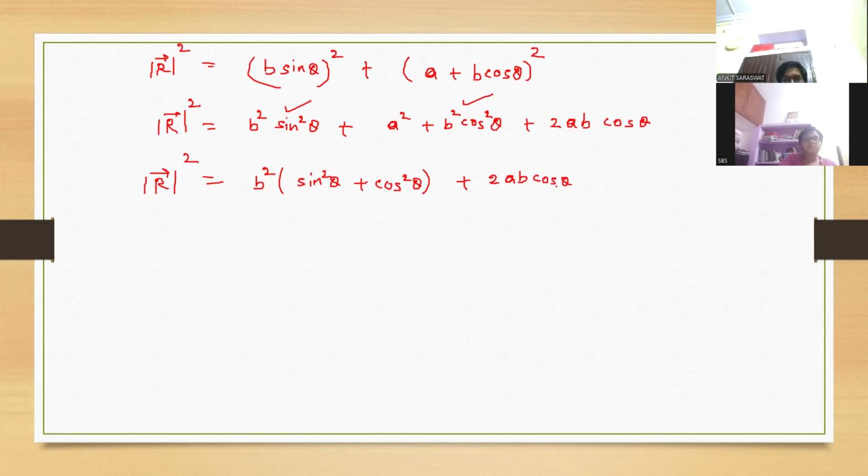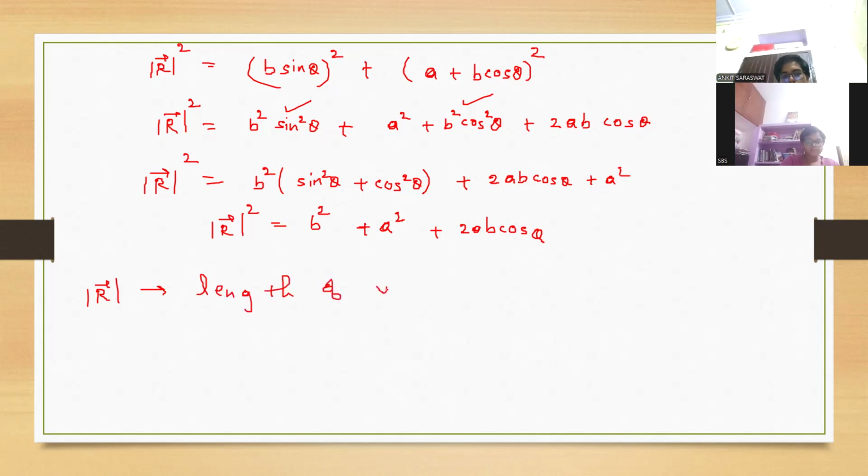Any doubt? Sin square theta plus cos square theta is 1. This is the identity, I think you have learned it in maths trigonometry. So B square plus A square plus 2AB cos theta. And since mod R is distance, length, length of vector, it cannot be negative.